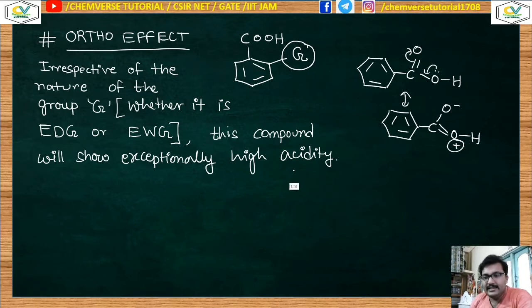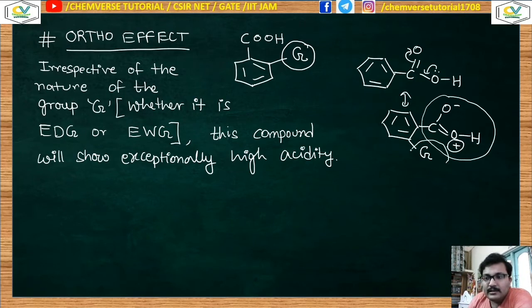The matter is that if any group, whether electron donating or electron withdrawing, is present at the ortho position, then due to the larger size of this carboxyl group there will be a steric repulsion between them if they are in the same plane, because benzene is a planar structure.